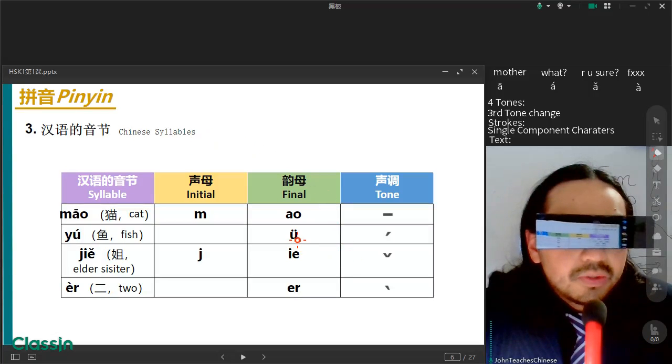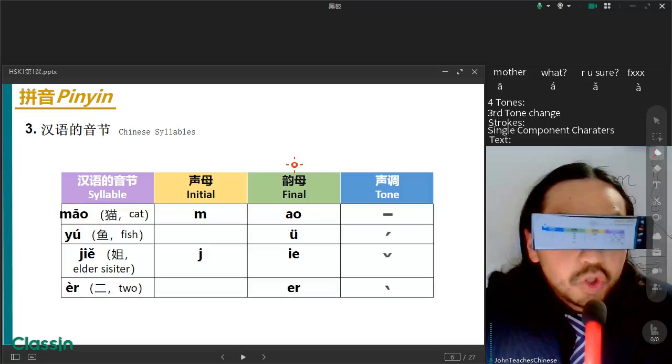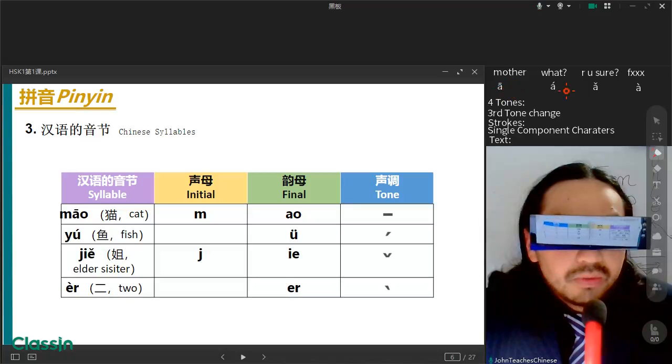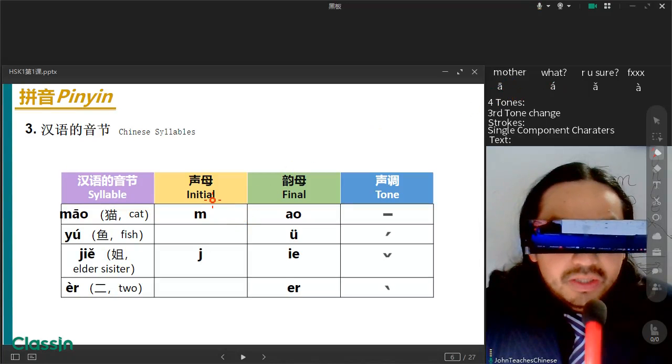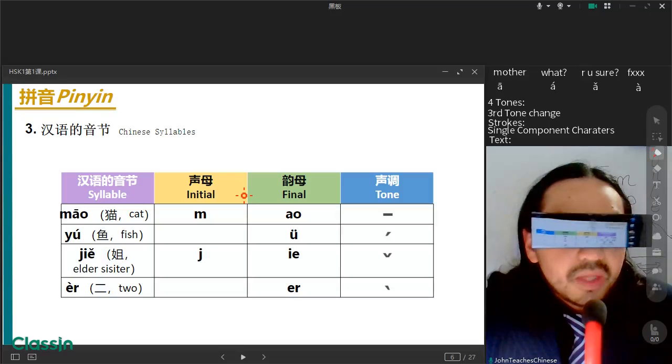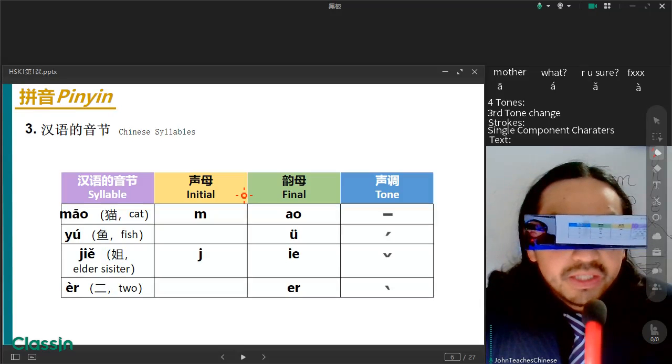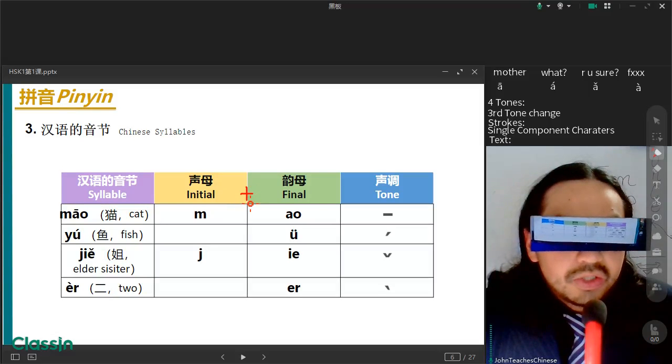Okay, in the past few moments, you have already learned the four tones of the Chinese language and also the initials. So here we're going to start reading some Chinese. As you know, the initials plus the finals give a sound.